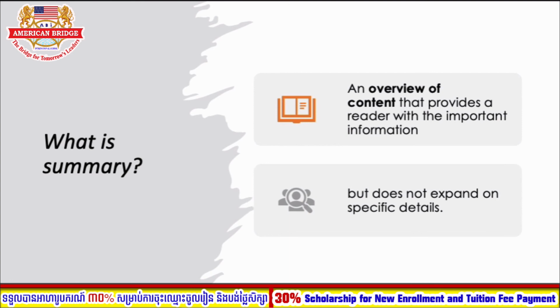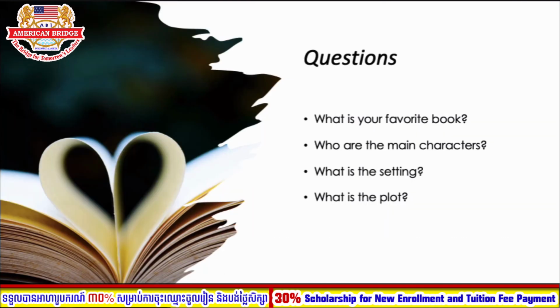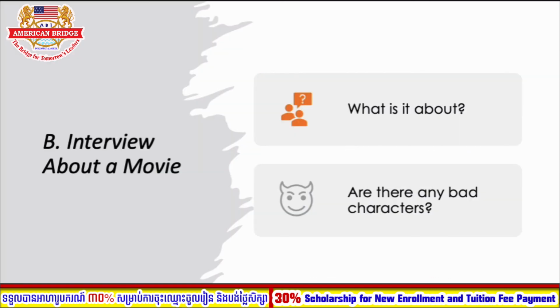And you also looked at some of the questions to help you give a good presentation related to your favorite books. And along the way, there are some questions that you should ask yourself when you read a book or watch a movie, in order to get a better view of what the movie is about, of what happens in the movie.